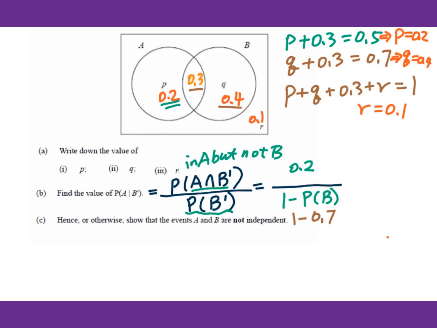So 1 minus 0.7 equals 0.3. 0.2 over 0.3 is 2 over 3.